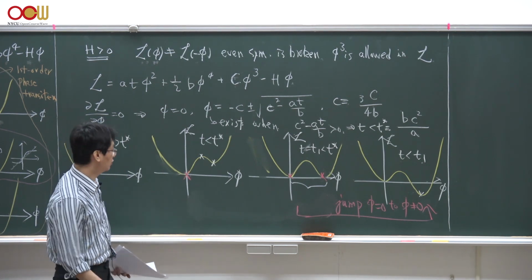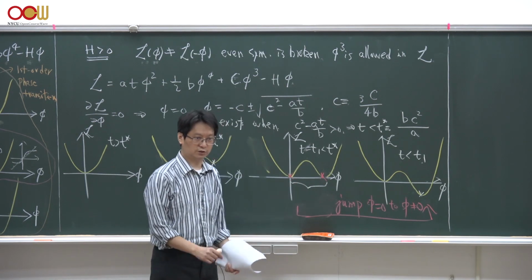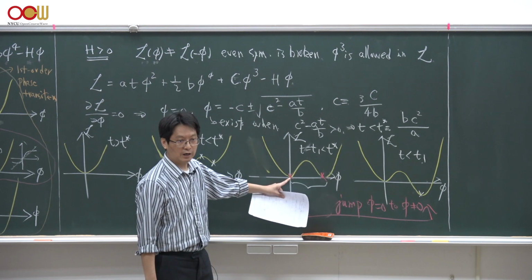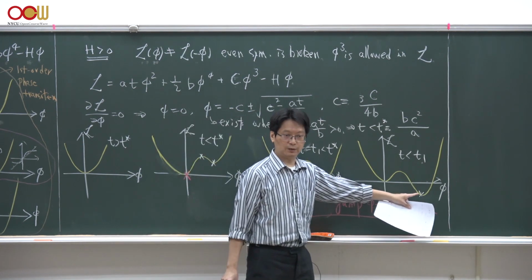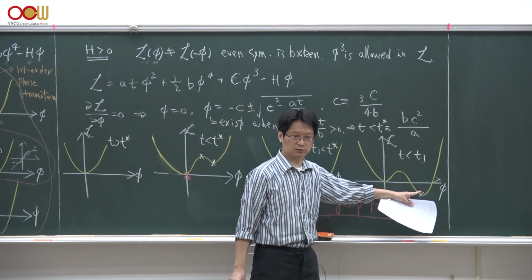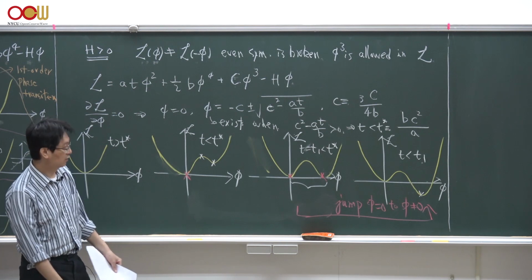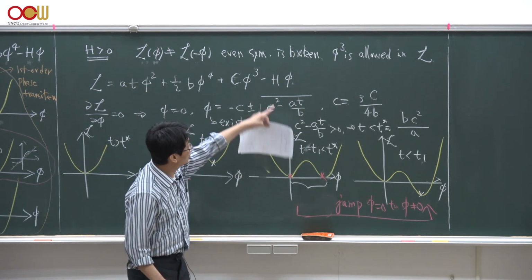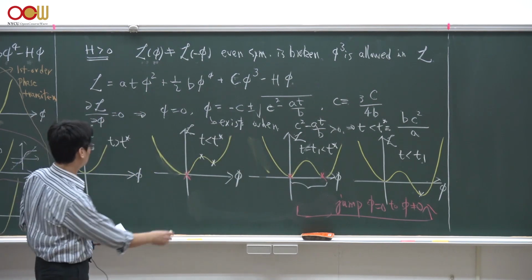You cannot change the distance between these two dips continuously. So it's either or: either the global minimum is at phi equals 0, or it is somewhere else. There's no continuous evolution of the global minimum from 0 to a non-zero value. As a result, this is the so-called first order transition, or first order jump.